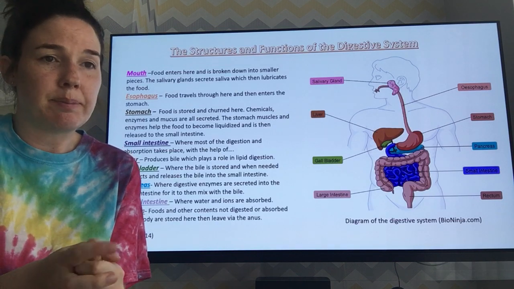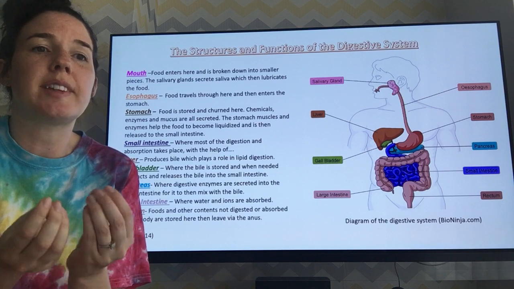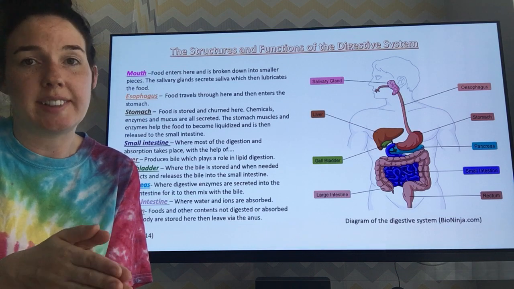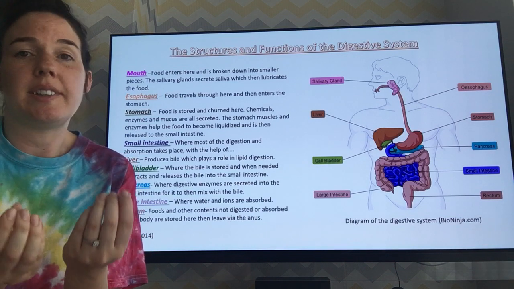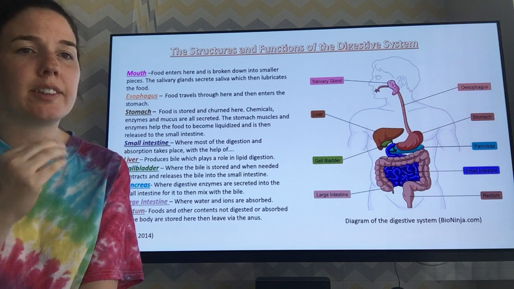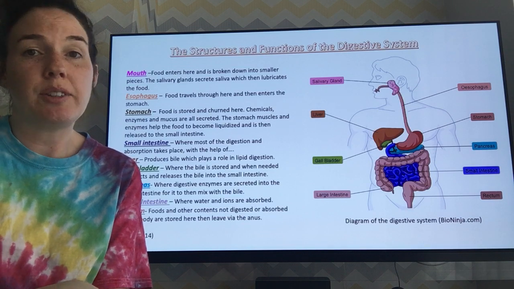In the small intestine, with the help of these enzymes and chemicals, the food is able to be digested into smaller molecules such as amino acids and fatty acids, which the body is then able to absorb. These are absorbed by the small intestine into the bloodstream, where they can then travel to different parts of the body to be utilised.